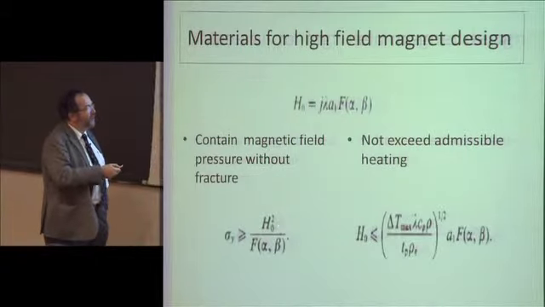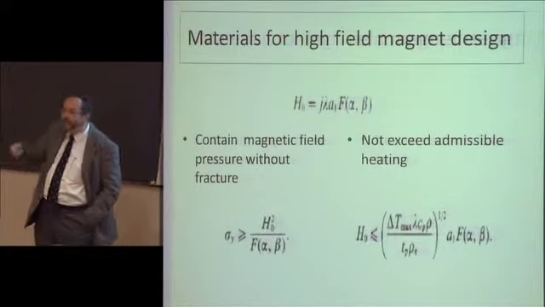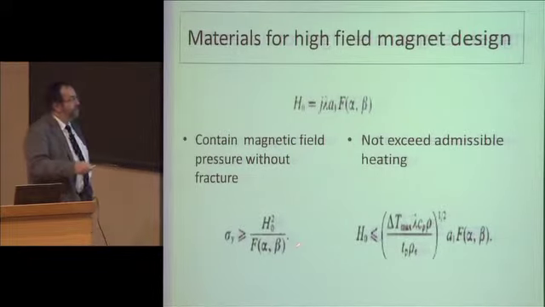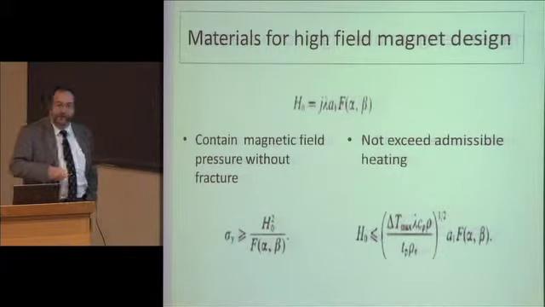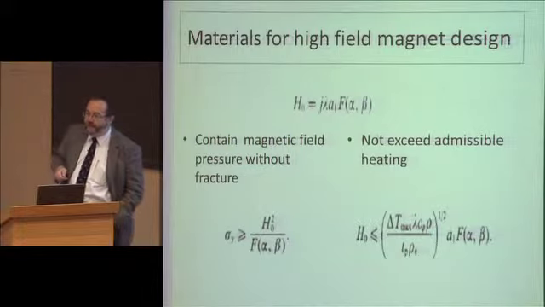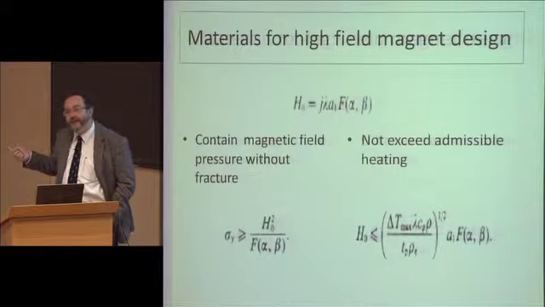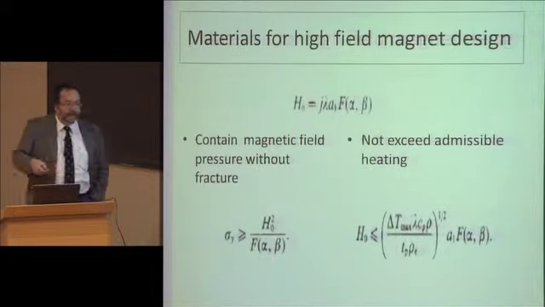You could write, such as here, the field you're trying to obtain squared divided by something that's a function of the geometry, the number of coils, diameter, and so on and so forth. And this thing needs to be smaller than the elasticity limit. It needs to be lower in order to produce the field.